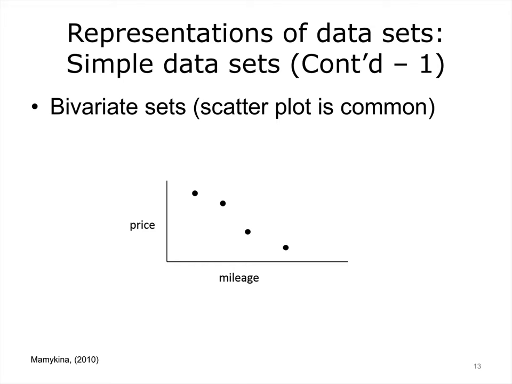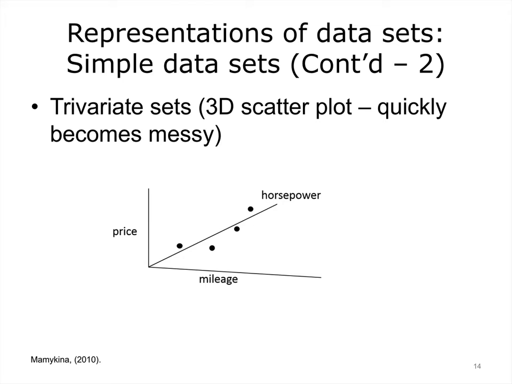As you add more dimensions, simple visualizations quickly become messier. For example, here we add another dimension to include another component, horsepower, to our scatter plot. However, three-dimensional plots usually are relatively difficult to interpret due to such issues as occlusion, when some elements of visualization block others.